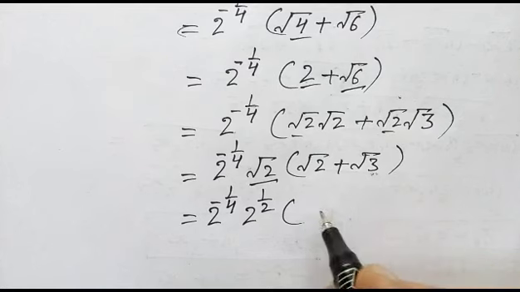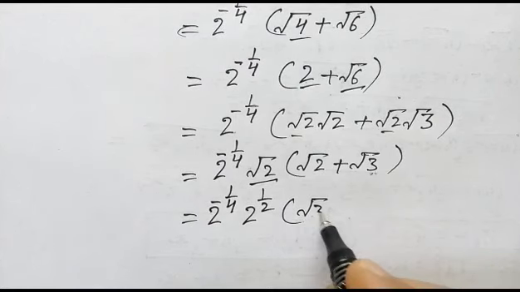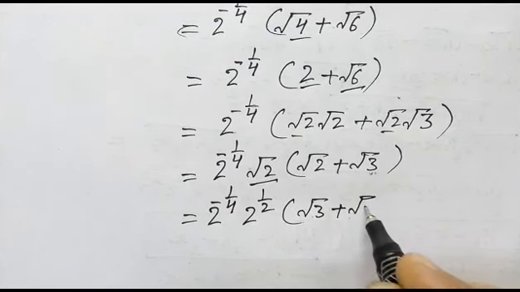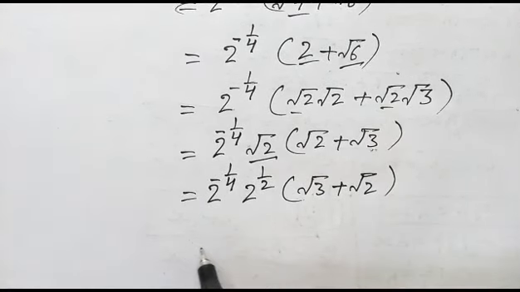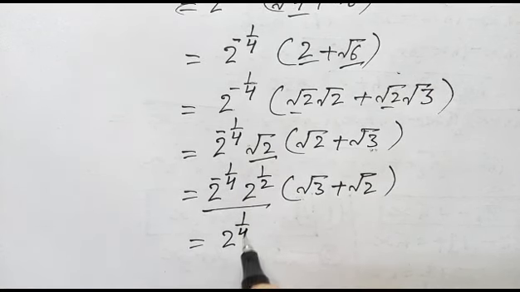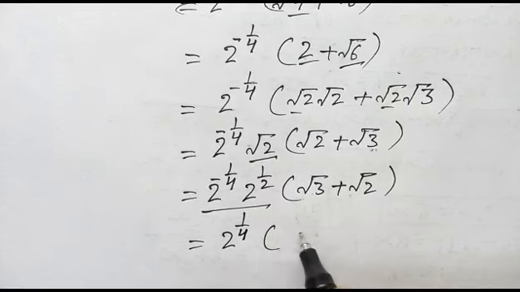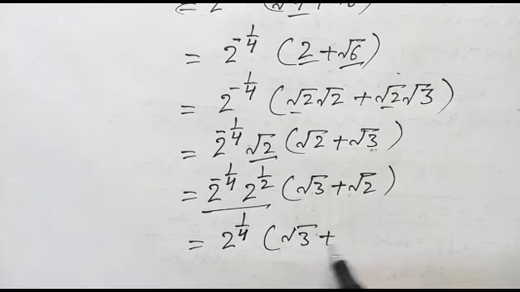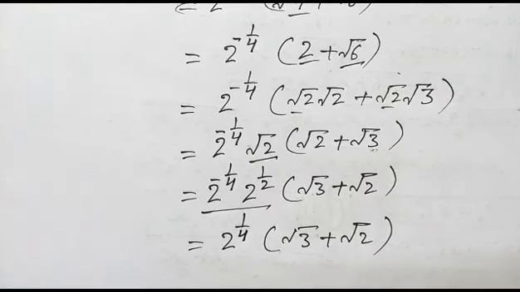And if we rearrange this as square root of 3 plus square root of 2, okay? So this will be 2 to the power 1 by 4 times square root of 3 plus square root of 2, right?